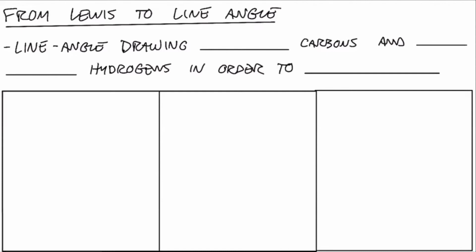So what is line angle drawing? That's a type of structure representation that simplifies carbons and completely ignores hydrogens. And that's the purpose of this, is just to simplify and save time.